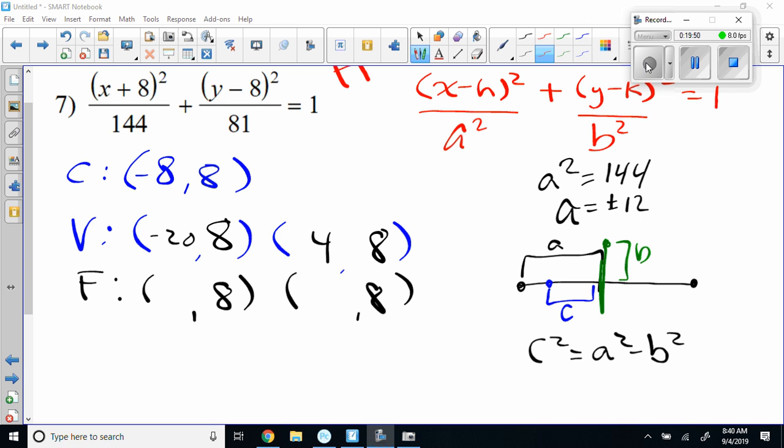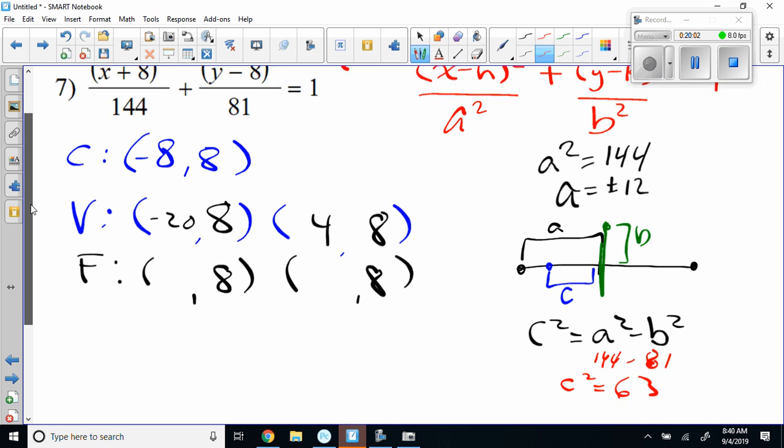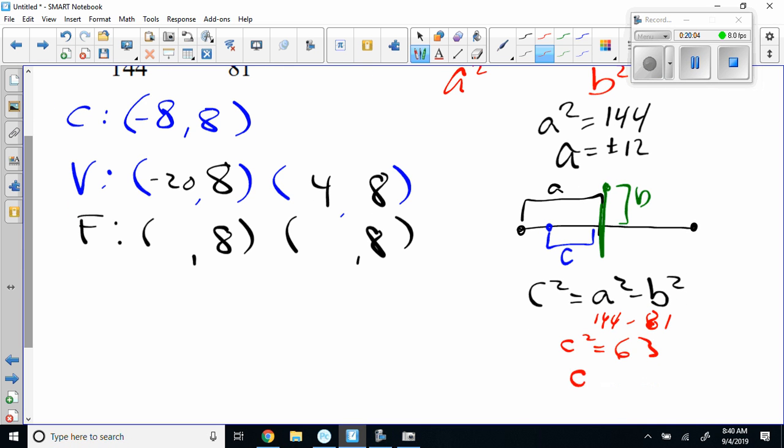So 144 minus 81, what does that give me? 63. Ladies and gentlemen, that would be C equals the square root of 63, which would be 3 square roots of 7, which is approximately what?